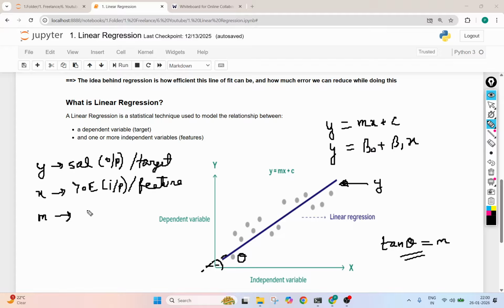So m is the slope and c is the intercept. This position where the straight line cuts the y-axis is what we call the intercept. All right. So c is our intercept.